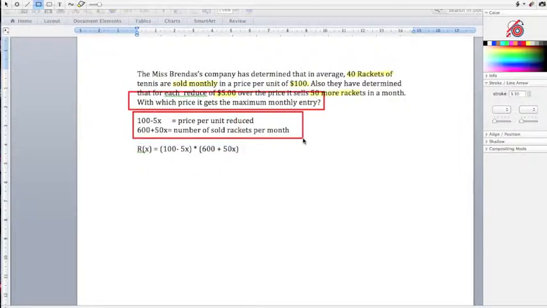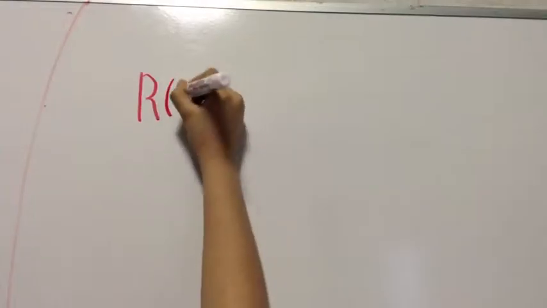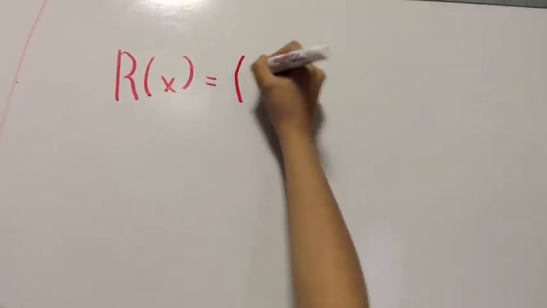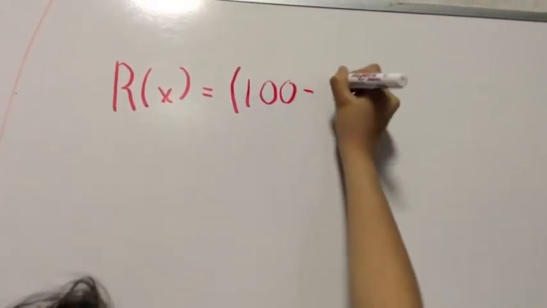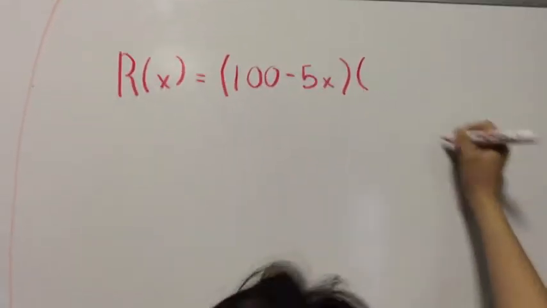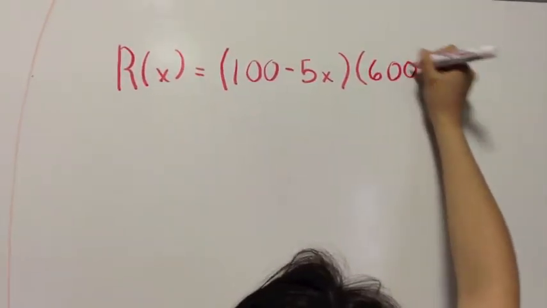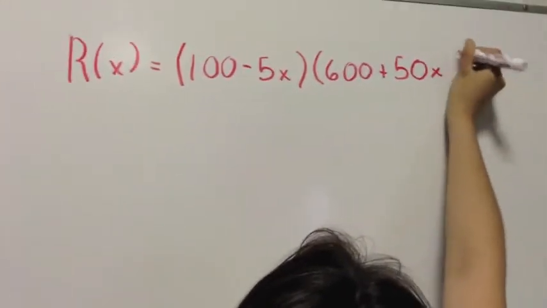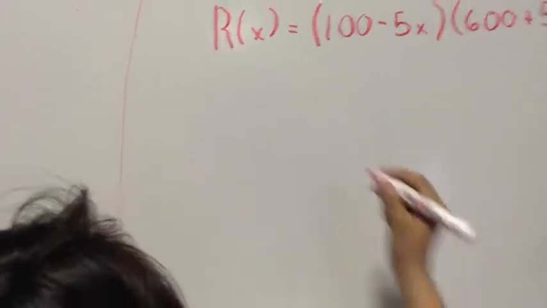Here are our values, and here is our function: 100 minus 5x times 600 plus 50x.